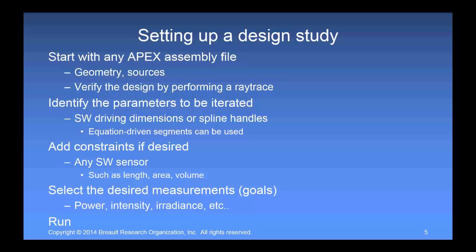And then you'll need to select the desired measurements, effectively optimization goals. These can include power, total power calculations, the intensity or irradiance distribution, and these can be both radiometric or photometric, and we will take a look at many of the ones that are available as we continue on with this discussion.